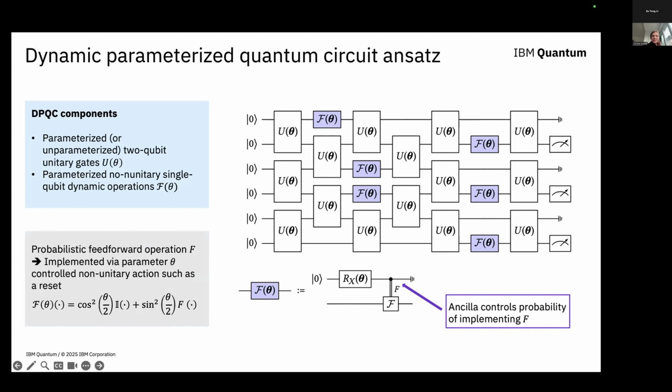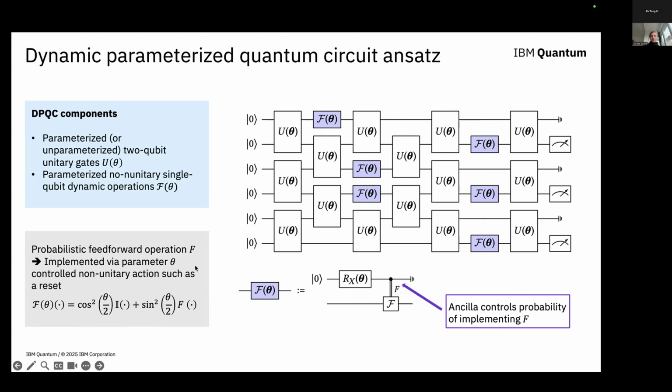What does this mean, or what are we looking at? This non-unitary operation can of course have different forms. What we are considering here and what we've worked with is, in its basic interpretation, a probabilistic feed-forward operation, with the probability of the feed-forward operation F being controlled by a rotation, if you look at it in the purified picture.